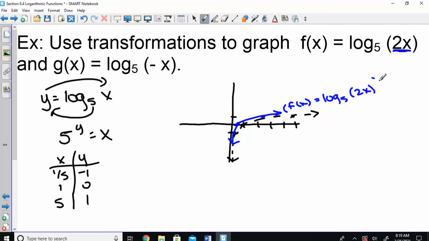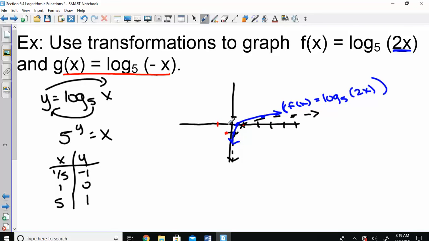I'm going to go ahead and graph the other one on the same graph. This one, if you make your x's negative, what does that do? Changes the sign on your x. It's like flipping it over the y-axis. So if you think about your original, you had the point (1/5, -1). Now the point would be (-1/5, -1).